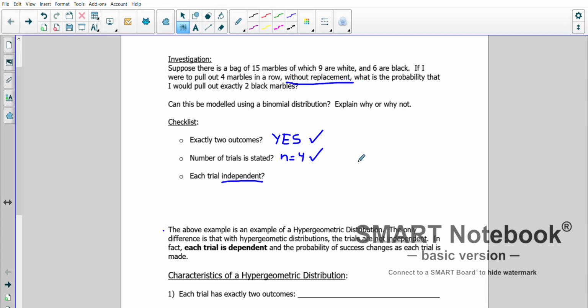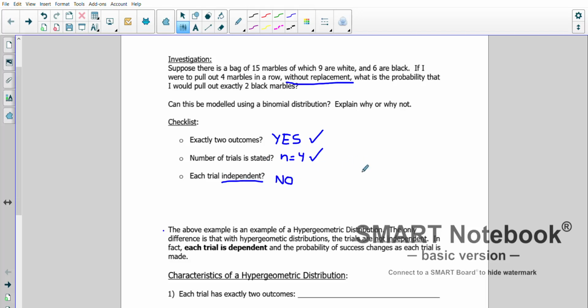So if you pick a white marble first, we know the probability would be 9 out of 15. Well, the probability of picking a white marble on your second draw is not the same. It's no longer 9 out of 15 because you're not putting it back in. So it's going to be 8 out of 14. That's what makes these trials dependent, not independent.